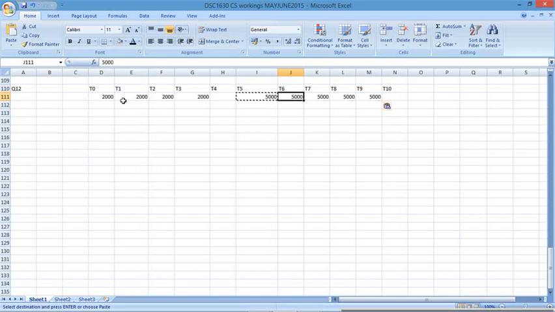How many? 5. So we don't need time 10. Then you've got begin mode and end mode. I'm first going to work out the present value of this annuity.